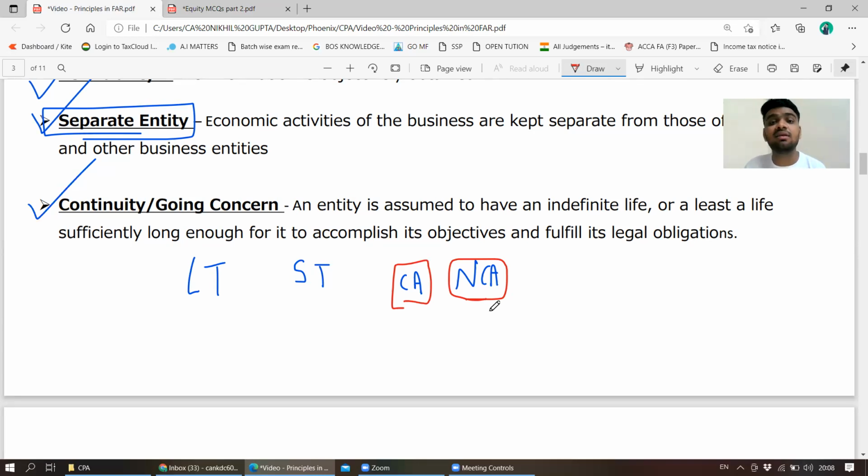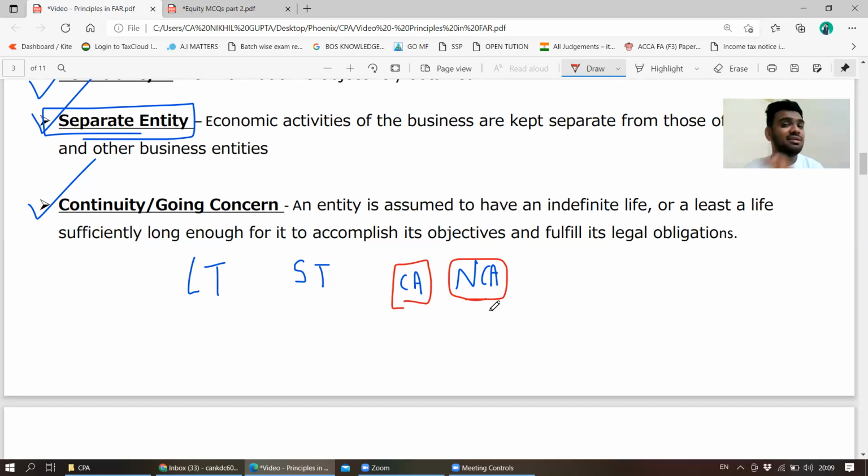Now your business continuity, your business existence is in danger. But if it is a big corporate giant, let's say Google lost one of its data centers, is their business existence affected? The answer is no. So exactly for the same reason, the continuity and going concern is followed.